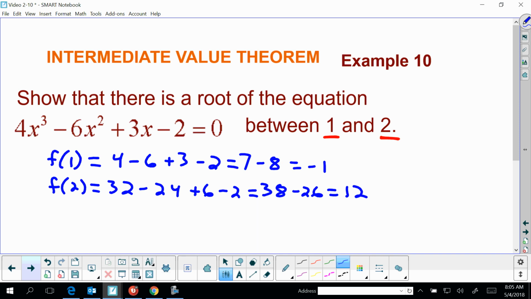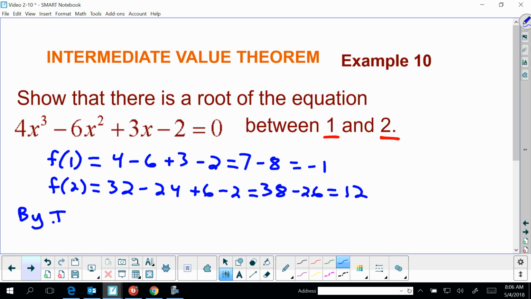Notice we got one y value that's negative and one y value that's positive. Notice this is a polynomial function, a cubic. Polynomials are continuous everywhere. So we are guaranteed by the intermediate value theorem that we take on every y value in between. Now we need to state that we're using the intermediate value theorem.